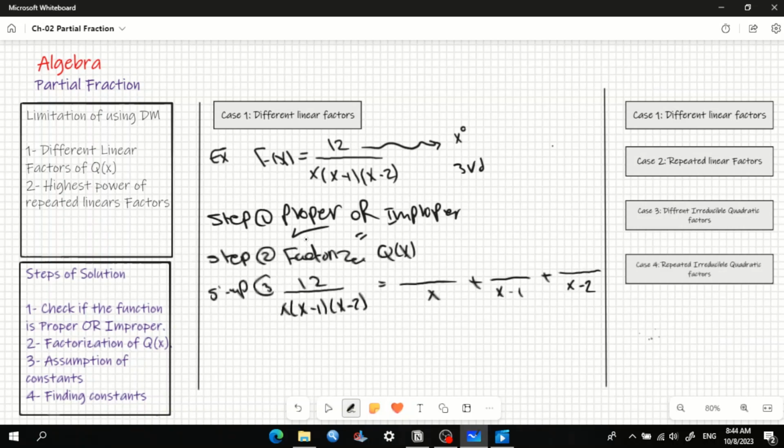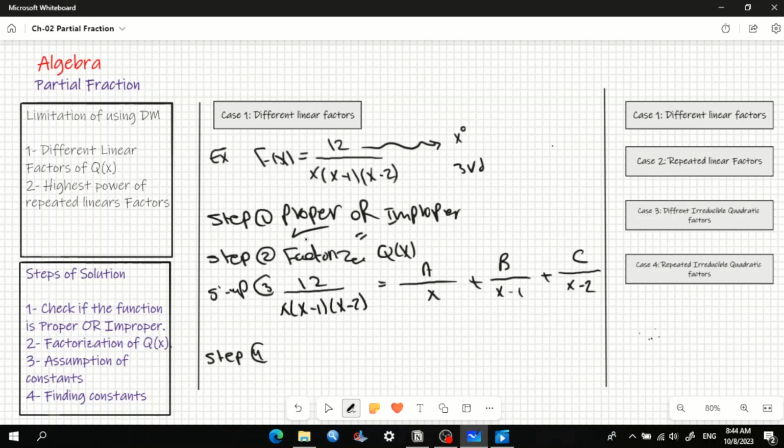Here we have to assume our constants, so here A, B, C. Step 4, find the constants. Here let's check the limitation of the direct method. We have different linear factors of q of x, so we can use the direct method.